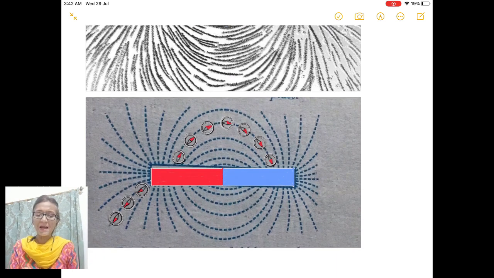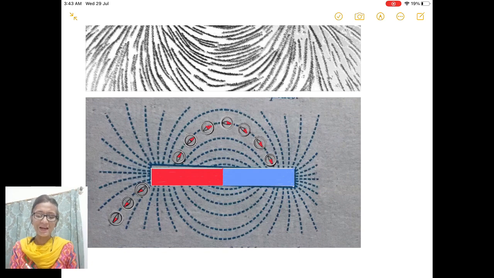Here, these magnetic field lines can be understood with the help of a magnetic compass needle. When you place a magnetic compass needle at different locations in the vicinity of a magnet, you will find that the red pointed end of the compass needle is directed along a particular direction close to any bar magnet.